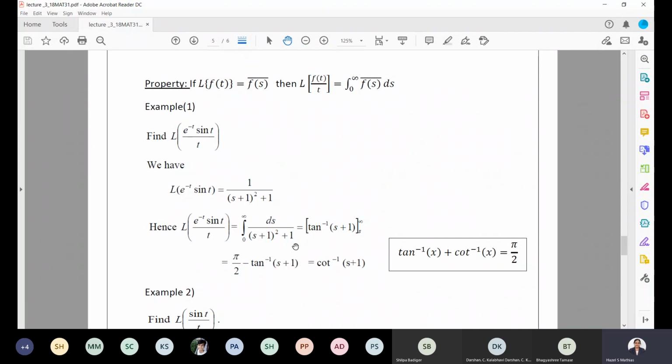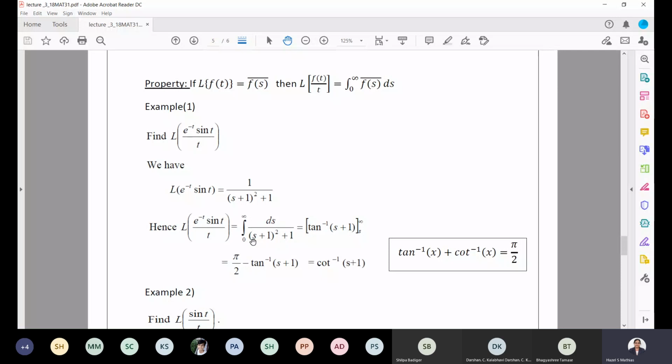Now, what is this integral of the form? You all must be thorough with this. The integral of ds by s square plus a square is tan inverse of s by a.